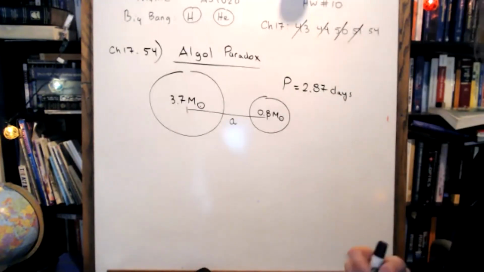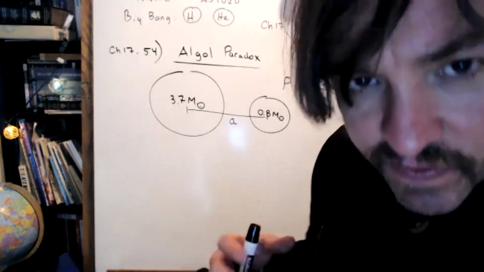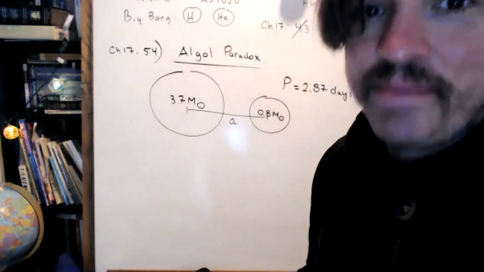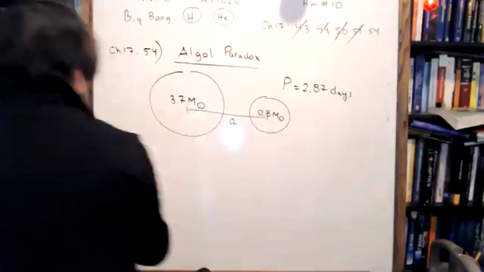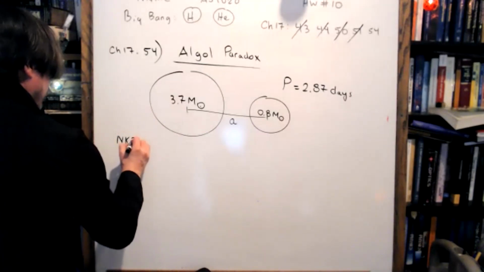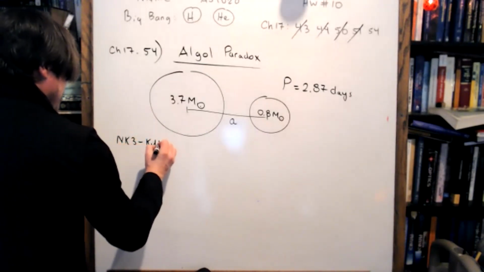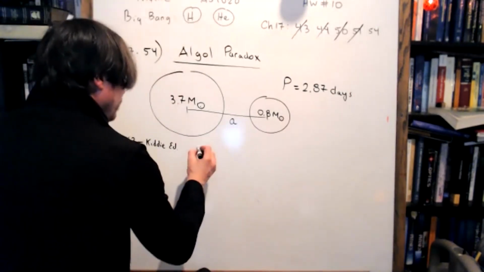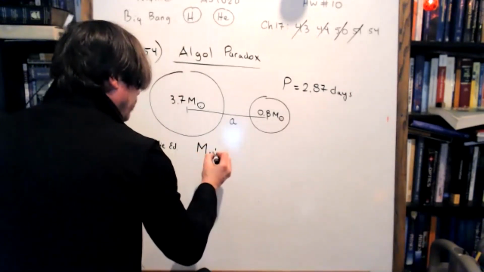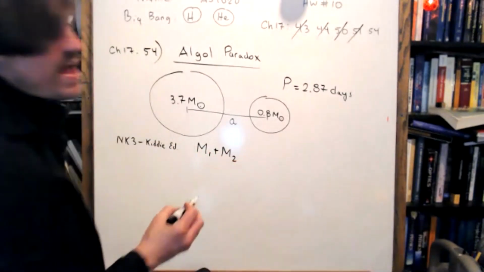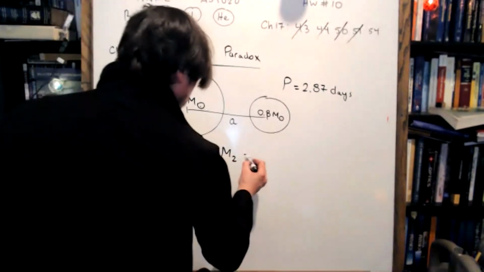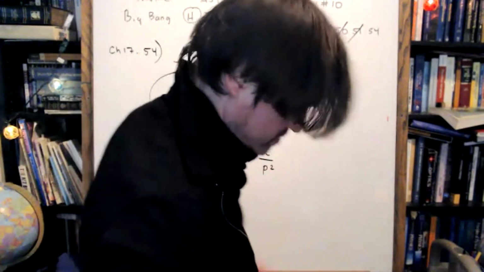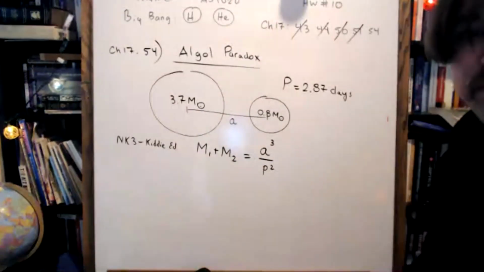To do this problem quickly and elegantly, I don't know if you guys remember this from the recording, but we're going to use the kiddie edition of Newton's version of Kepler's third law. I've nicknamed this formula NK3 kiddie edition. It uses Keplerian units. The total mass of the system in solar mass units is a cubed over p squared.